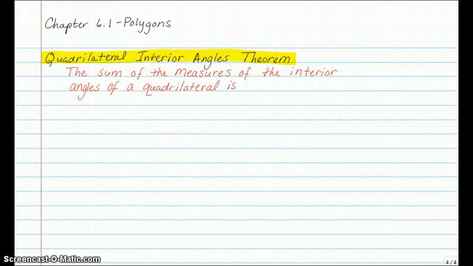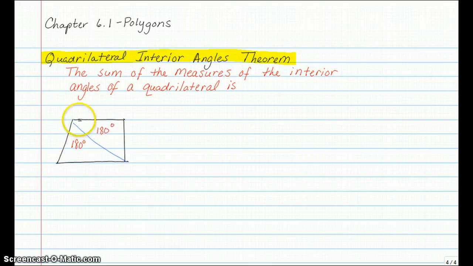All right, the quadrilateral interior angles theorem. If you take a quadrilateral and you divide it with a diagonal, so we'll just go ahead and draw a quadrilateral. So there's your quadrilateral. If you were to divide this quadrilateral with a diagonal that goes from one non-consecutive vertex to another, you would see that it forms two triangles, and each of these triangles has a measure of 180 degrees.